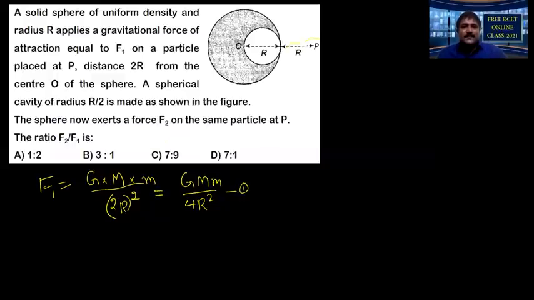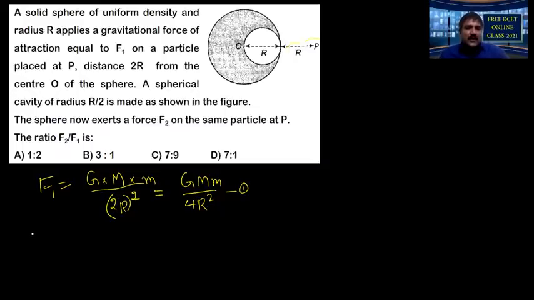What is the force exerted by that portion of the mass present in the cavity on that particle? That much less force will be exerted on the mass. So if I find the mass of that cavity portion, the radius of the cavity portion is r by 2.